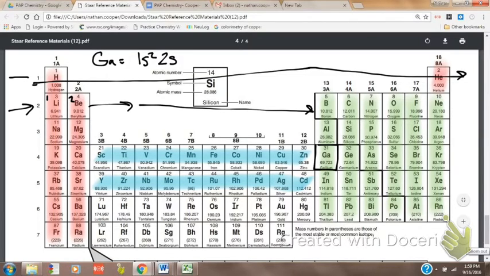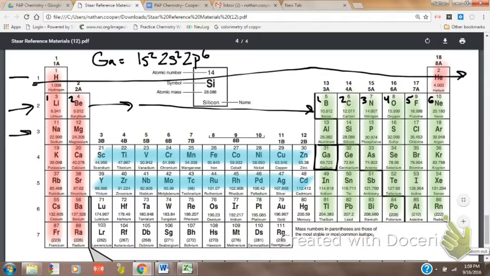Boron is a p block. I'm still in the second row. I'm now in a new orbital called the p orbital, and this is p1, 2, 3, 4, 5, and 6. I've gone through the second row, and I have not gotten to gallium yet.